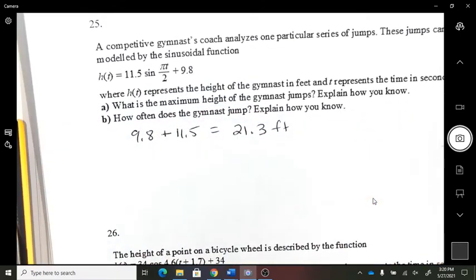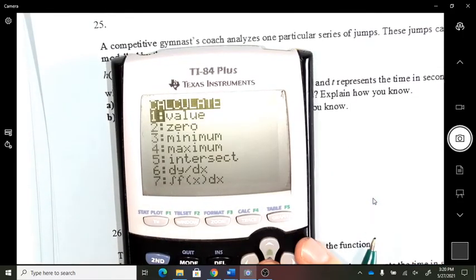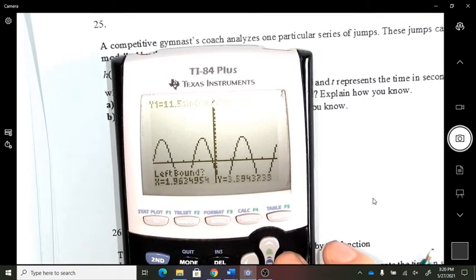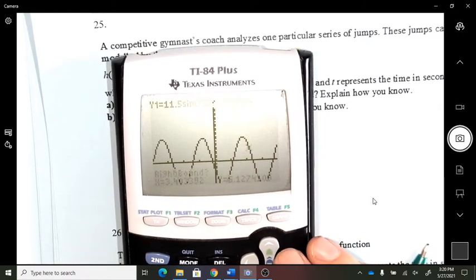If you didn't know that and you wanted to graph it, then you would, second calc, you don't need to do this, but a maximum. And then you'd have to contain a maximum, right? Left bound, right bound.